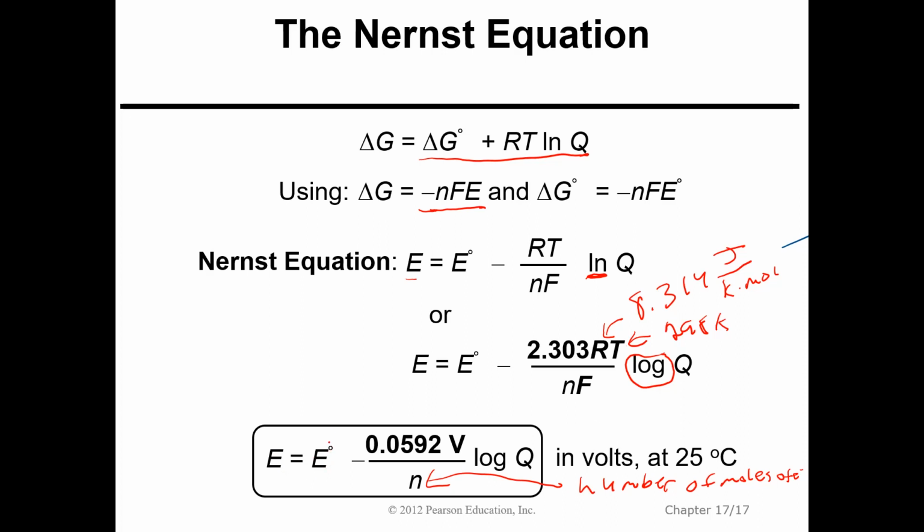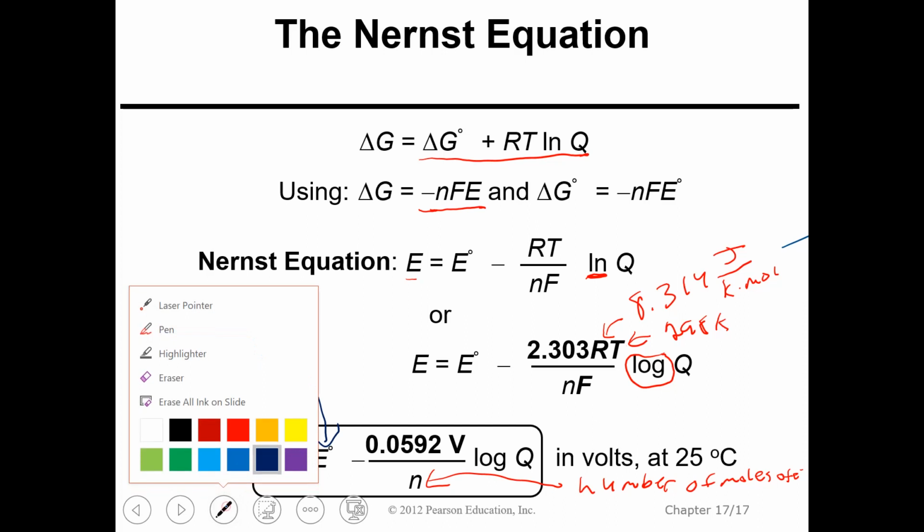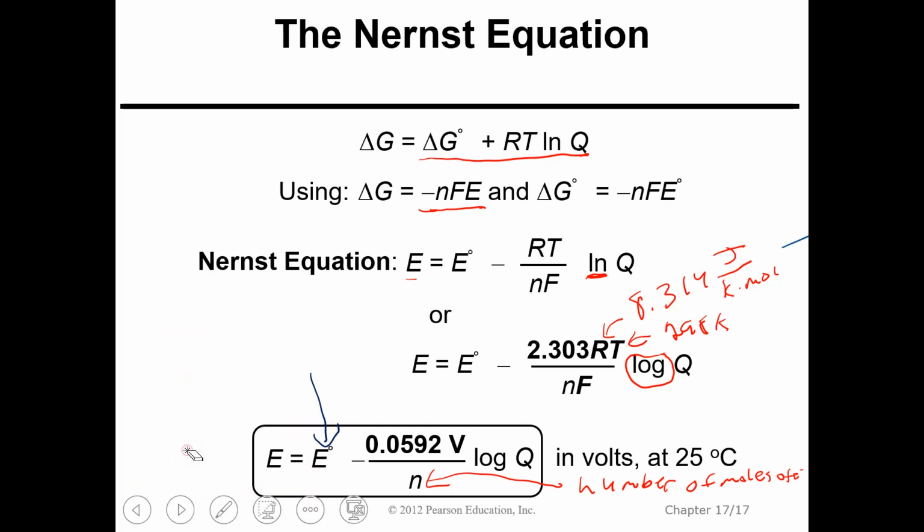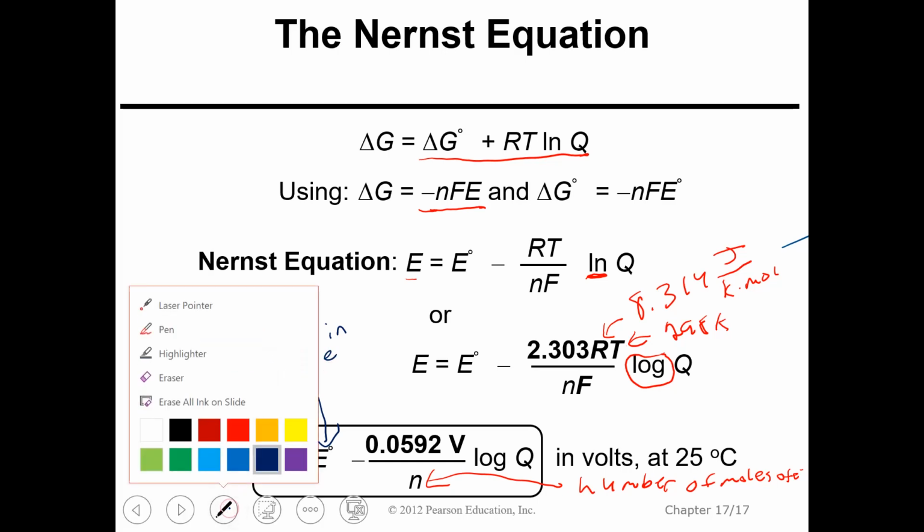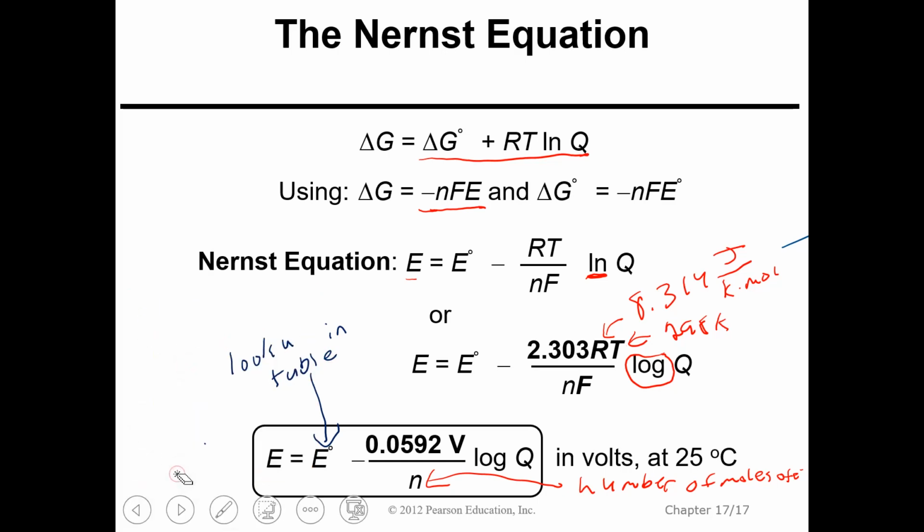And the standard cell potential we can look up in a table for any given cell or for any given half reaction, and then we can calculate it for the cell. There are other forms of this equation that you will see sometimes, but they all accomplish the same thing. We can use this to convert between standard cell potential and cell potentials under non-standard conditions.